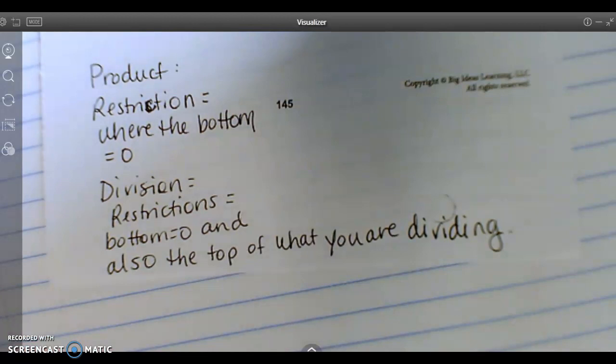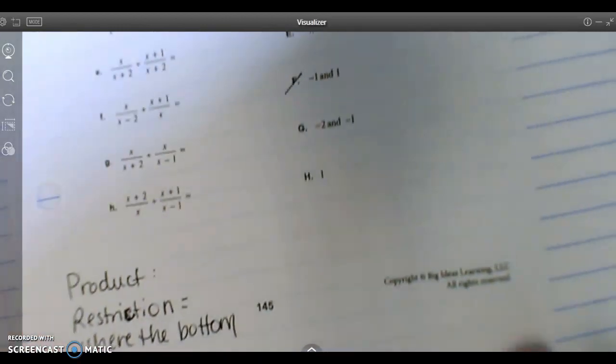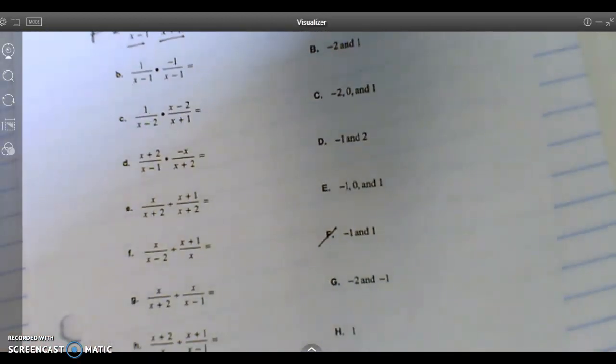And I'll show you that in an example in just a second as well. So when you're looking at a product, you're just looking at the bottom of the two things that you're trying to multiply. That's where the restrictions are. And when you're dividing, your restrictions are the things at the bottom, but also at the top of what you're dividing. Okay, so let's look at a division one.